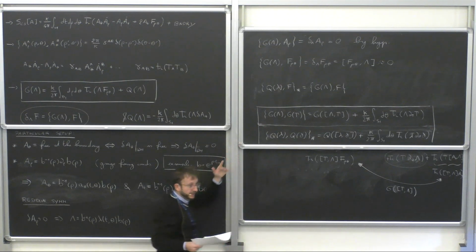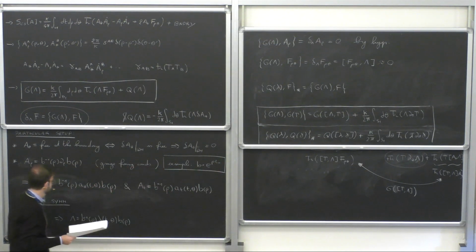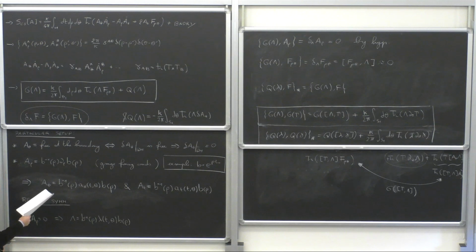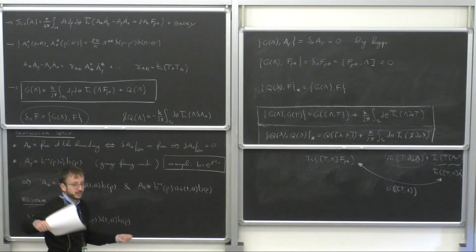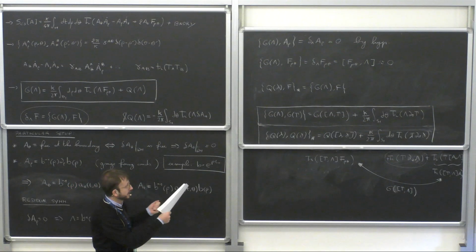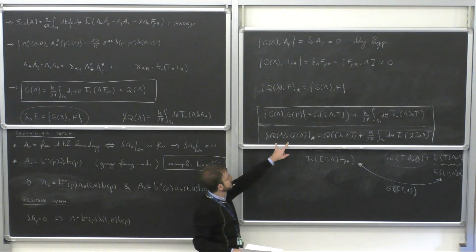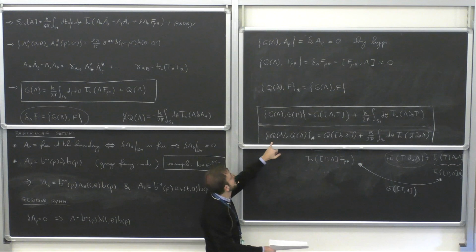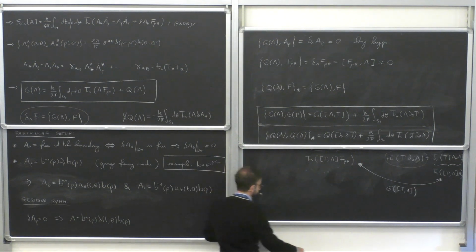And what are the ingredients inside this statement? The first ingredient is that I'm able to compute a Poisson bracket on the reduced phase space, or if you wish, on the asymptotic space, this Dirac bracket here. The second is that the charges generate the residual symmetries, which is something that is written here.